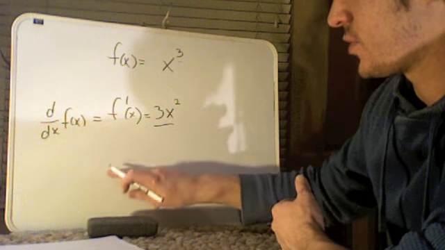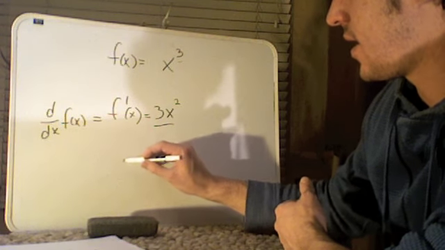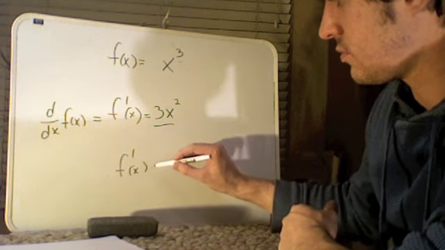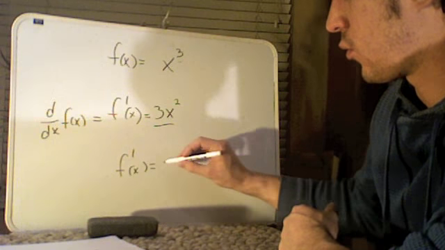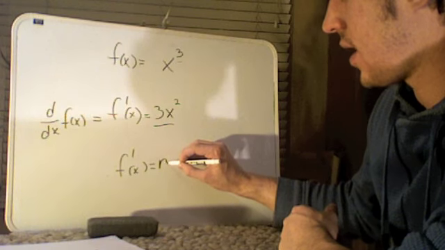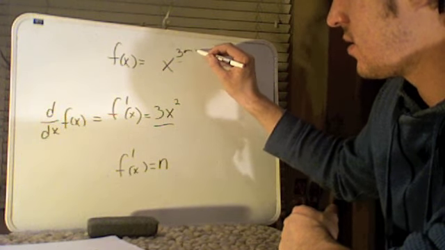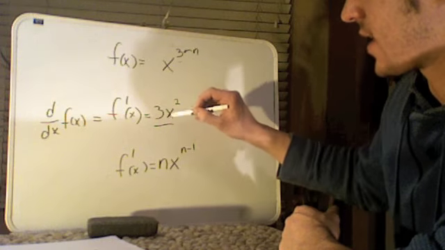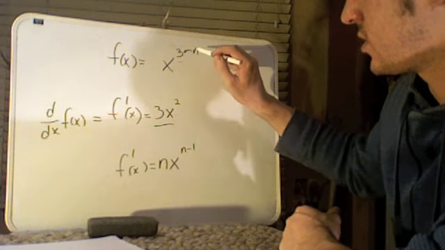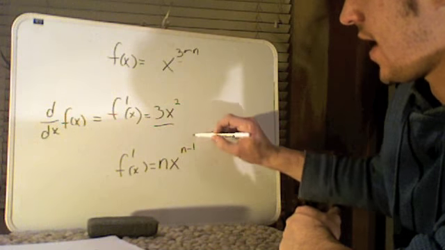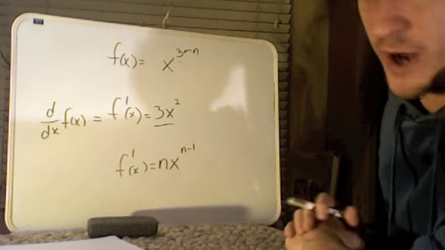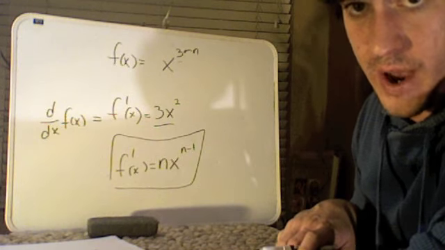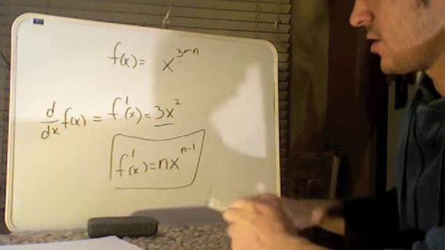A more general way to write this is f prime of x of any given function is going to be equal to your original power, n, in this case, 3 is n, times x to the n minus 1. Exactly what we did here. N, which was this 3, we put it in front of the x, and then we took n, which was the 3 again, and subtracted 1. So that's the general formula for the power rule. Okay? Alright, we're going to be using that here in just a second.